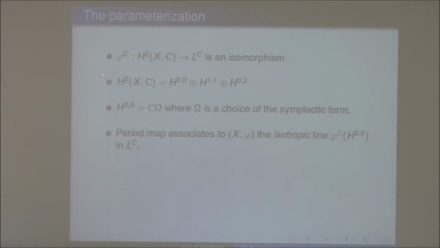However, by the isomorphism that you've given to the fixed vector space. As X moves around without any isomorphism, you don't know where to go. So you need to map this into a fixed space. So this is this line in this fixed space. Classically, this is called a period map. So it's a map from the set of marked K3 surfaces, and you check very easily that this is an isotropic line, so it goes into a quadric.